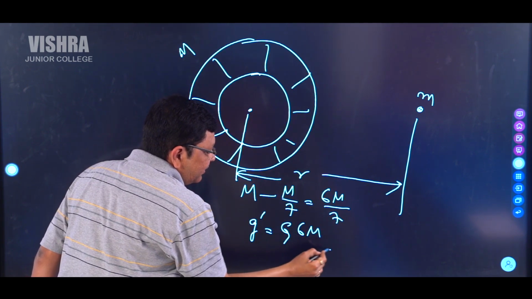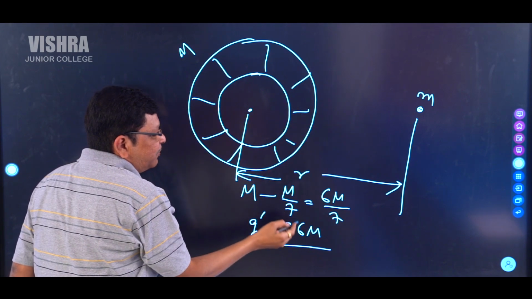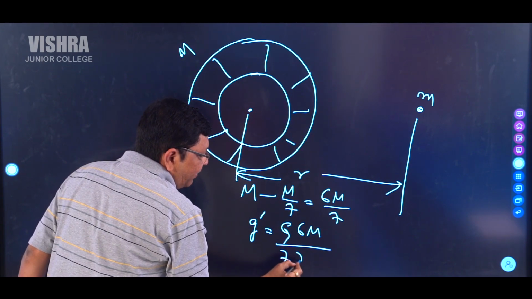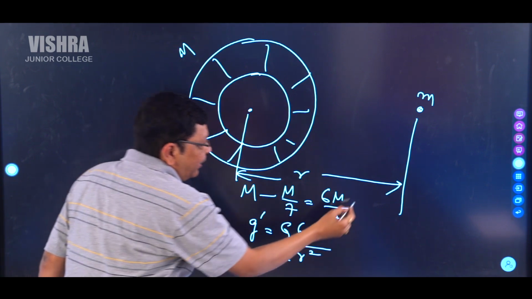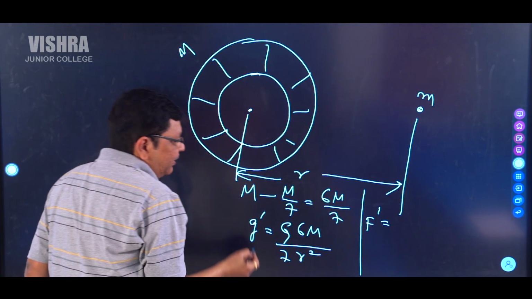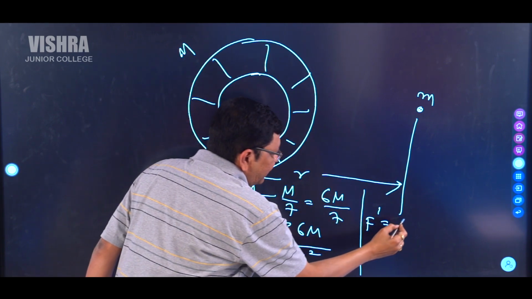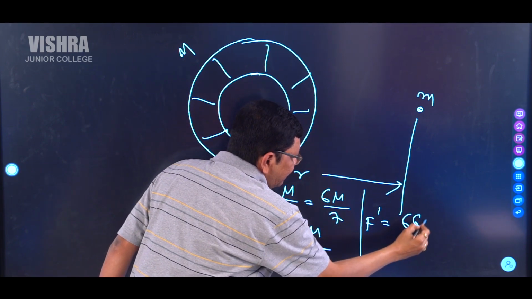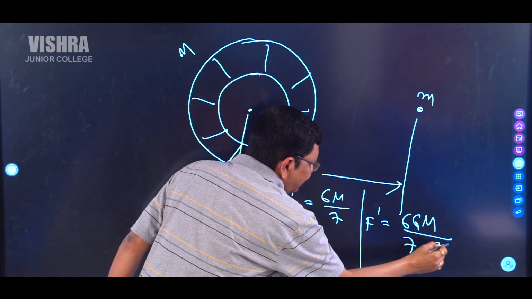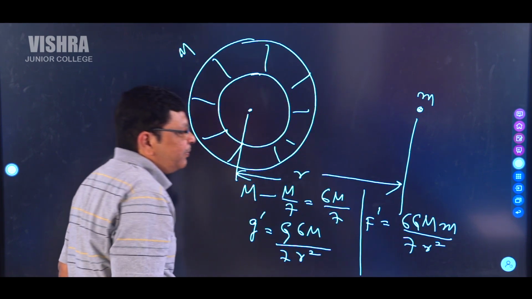Here the mass of this shell after removing the spherical portion is 6M by 7, so G dash is 6GM upon 7r square. Then the gravitational force in the second case is G dash multiplied by the point mass.